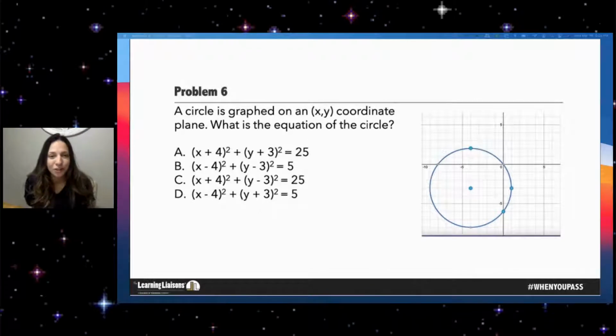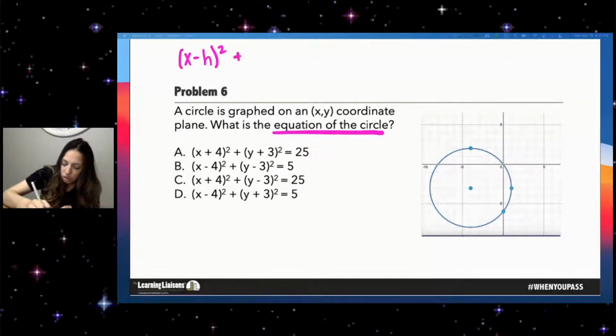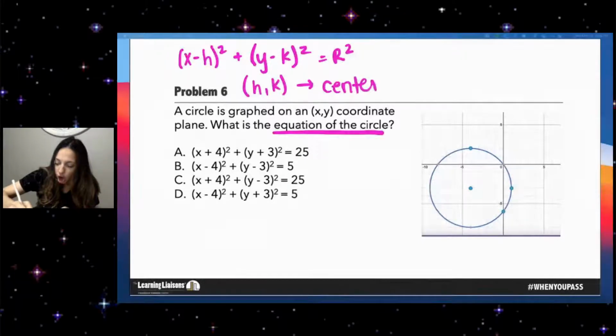The same circle is graphed on an XY coordinate plane. What is the equation of the circle? So, the equation of a circle is (x - h)² + (y - k)² = r², where (h, k) is your center and r is your radius.